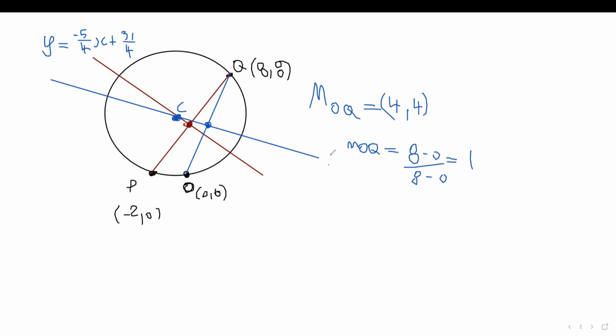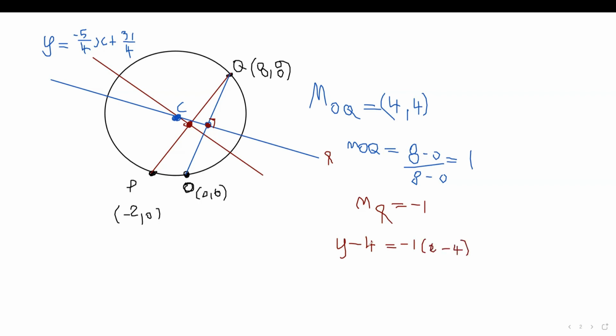Now we need to find the gradient of this line L. The gradient of L is -1 because these two lines are perpendicular. So this line has a gradient of -1 and it passes through the point (4, 4). The equation of this line is y minus 4 equals -1 times (x minus 4).